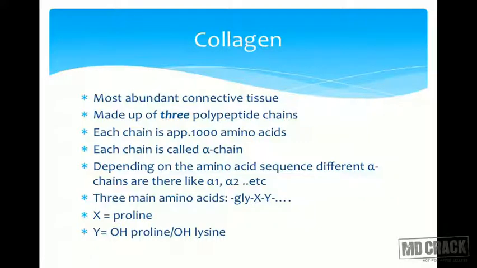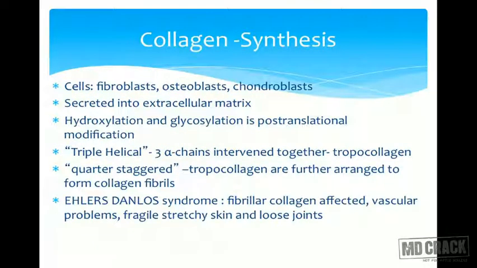We'll go further with the synthesis of collagen. Where they are synthesized, how they are synthesized, what are the things that are happening during the synthesis of collagen. The cells responsible for the synthesis of collagen are the fibroblasts, the osteoblasts, the chondroblasts. All these cells can synthesize collagen. After they synthesize collagen, it is secreted into the extracellular matrix.